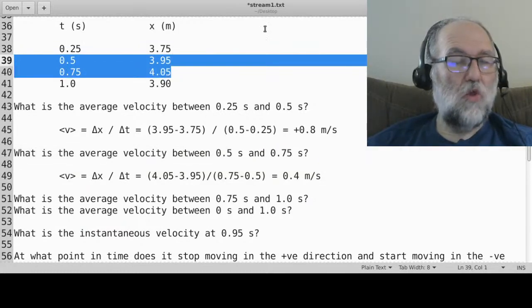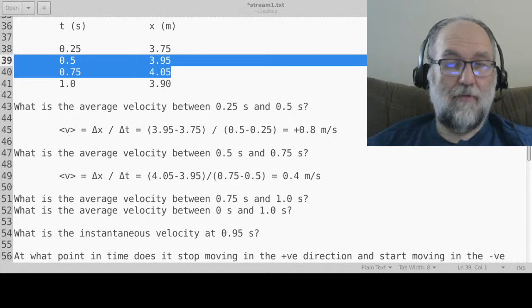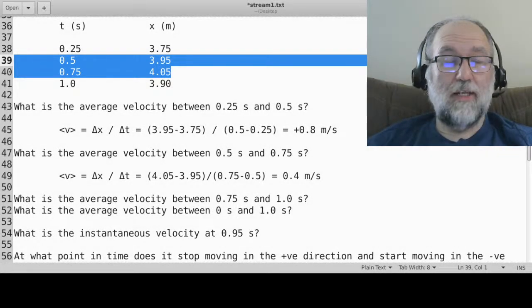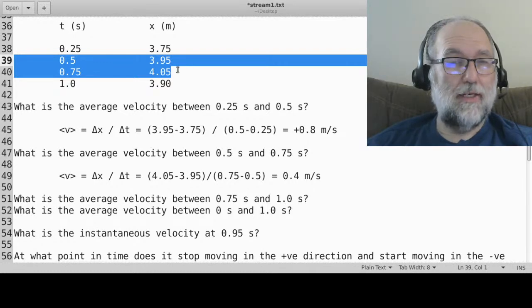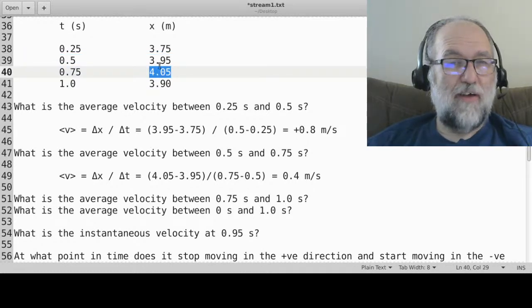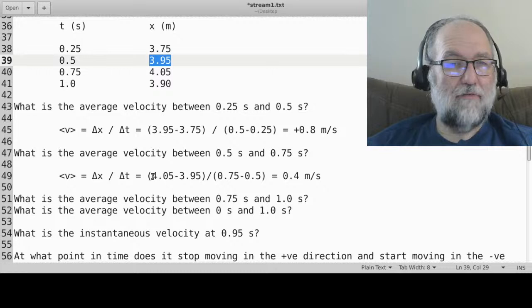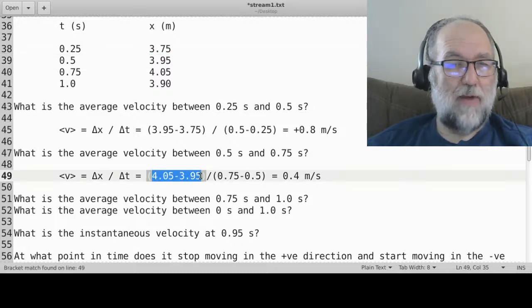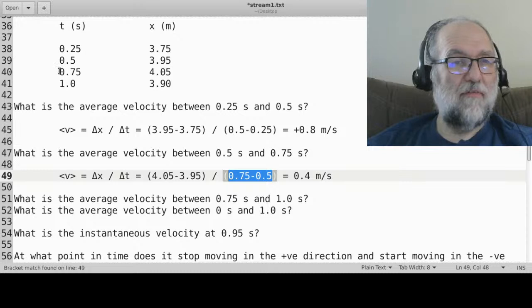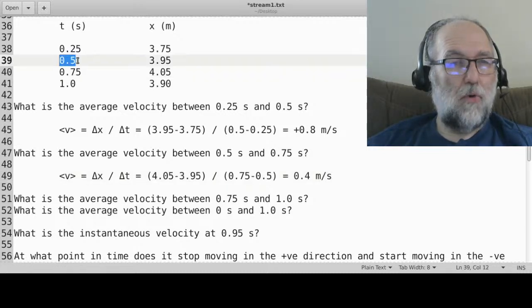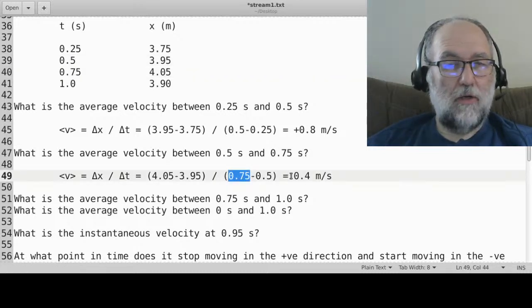So for the delta x, it's the final position minus the initial position, 4.05 minus 3.95. In the denominator, your delta t is 0.75 minus 0.5, and that works out to 0.4 meters per second.